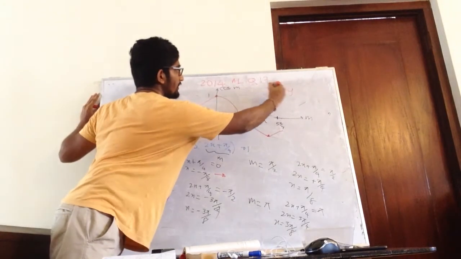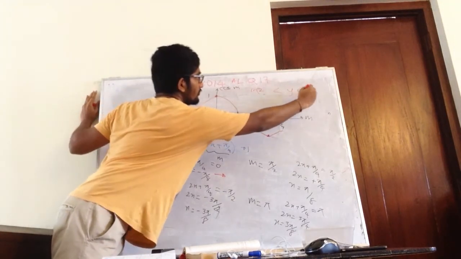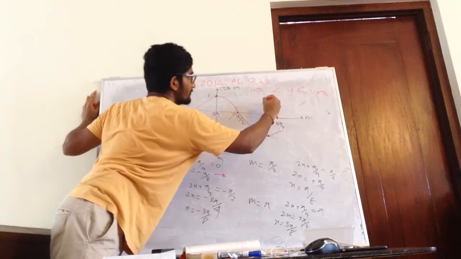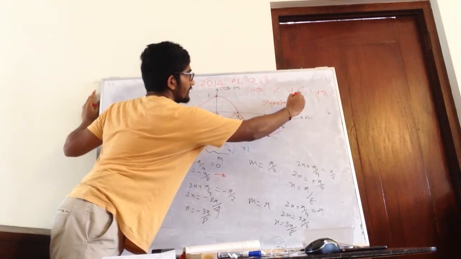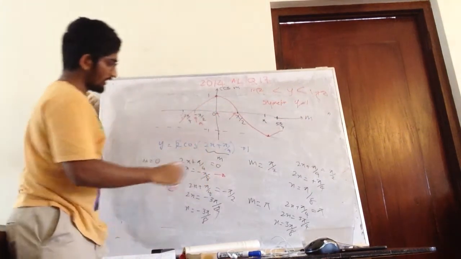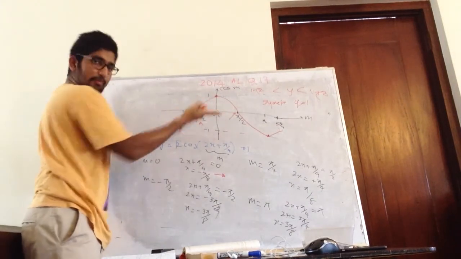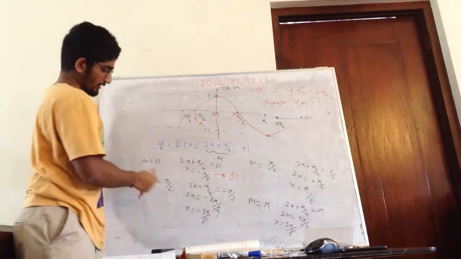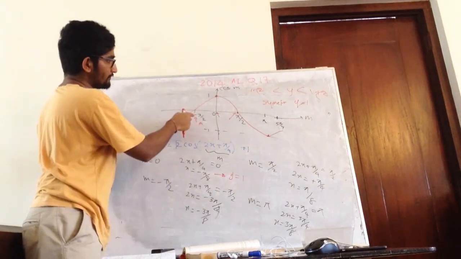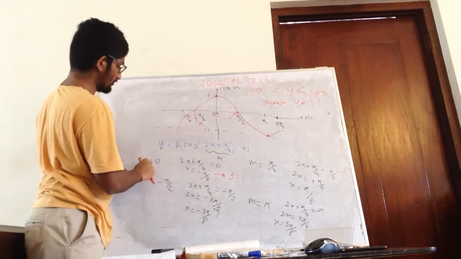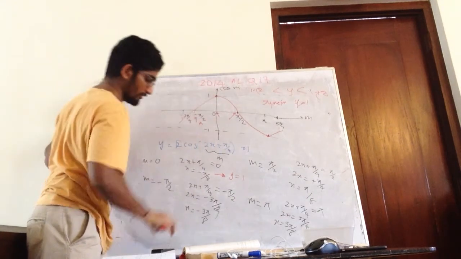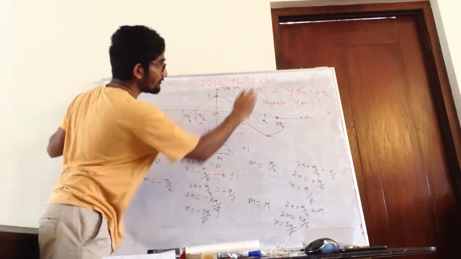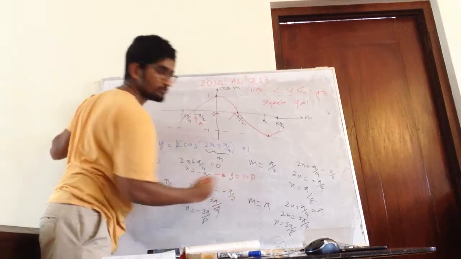Y was between 1 minus square root 2 and 1 plus square root 2, and the symmetrical line was y equals 1. So the corresponding y value will be 1 here. Sorry. When m equals 0, it's at the highest point. That means y equals 1 plus square root 2.